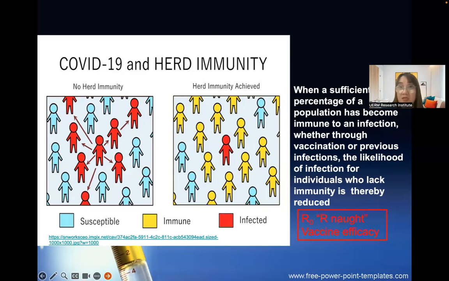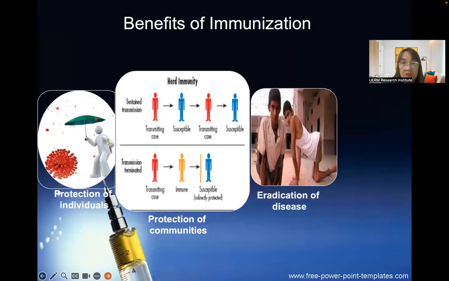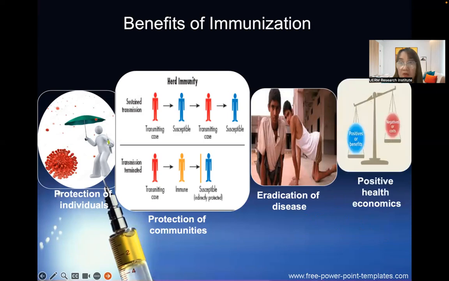When a sufficient percentage of population has become immune to an infection, whether through vaccination or previous infections, the likelihood of infection for individuals who lack immunity is thereby reduced. So we can eradicate the disease, and because we can eradicate the disease, we will have positive health economics.